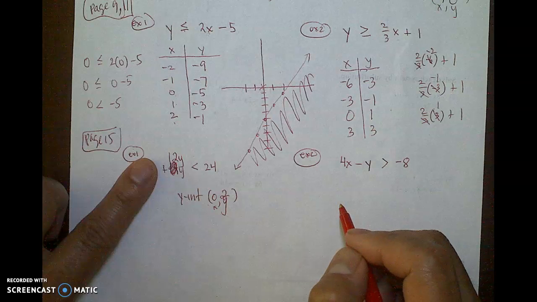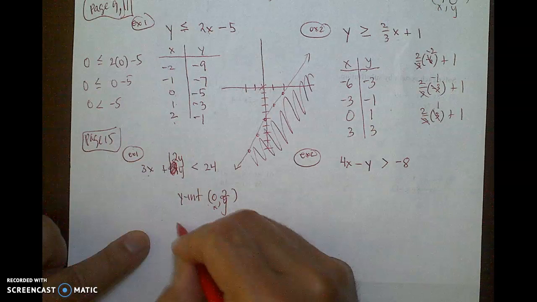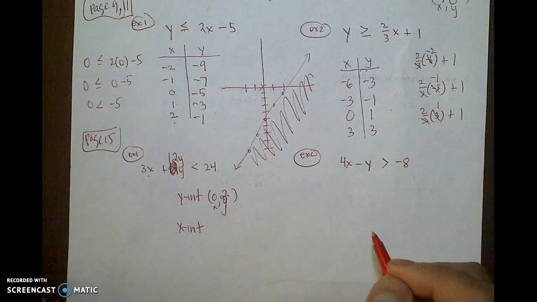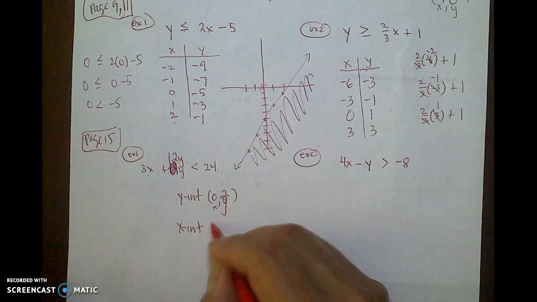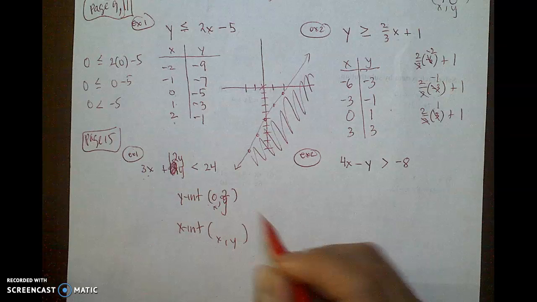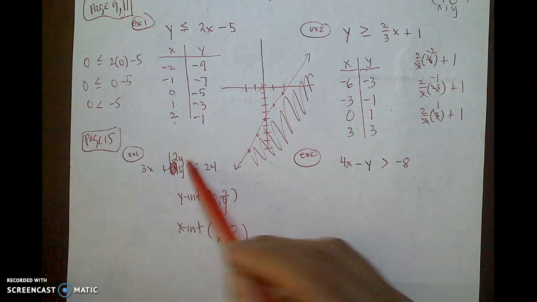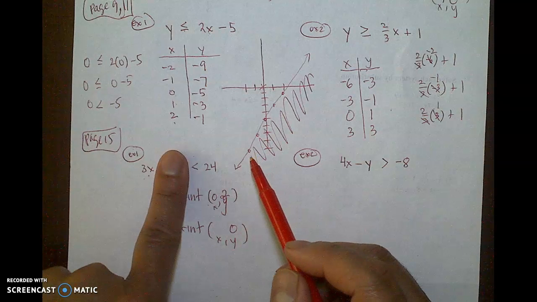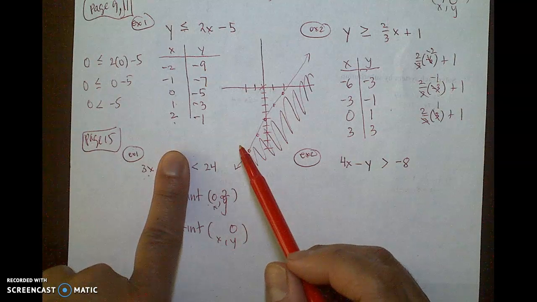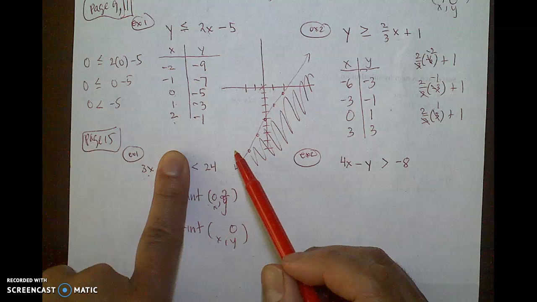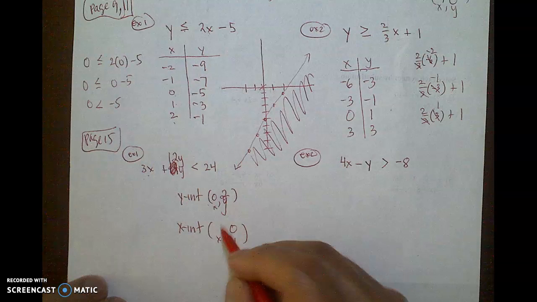So there's my y-intercept. For my x-intercept, I'm going to plug 0 in for y, so 0 in here. 12 times 0 is 0, so that goes away. So I'm left with 3x, there's 24, x has to equal 8.